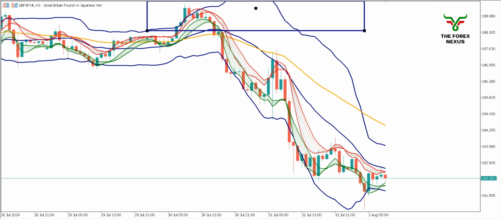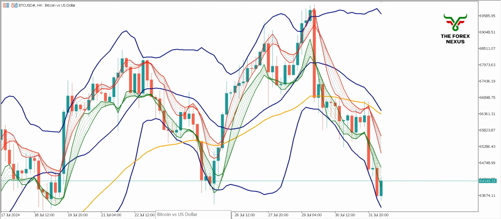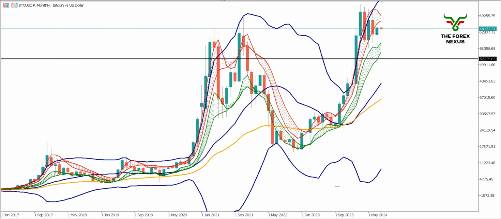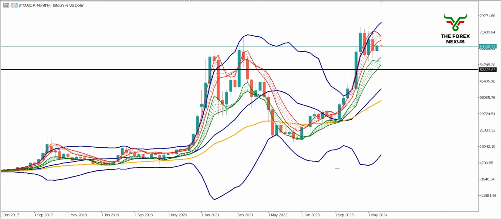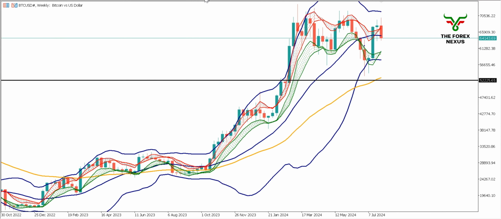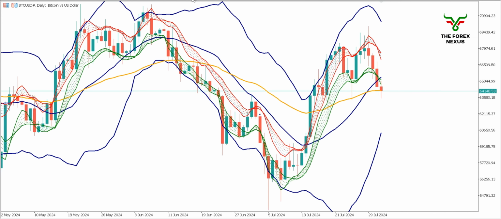Okay, now Bitcoin. Monthly got a clear re-entry buy, and according to the rules, the market needs to go upside, but with confirmations. Now it's dropping.